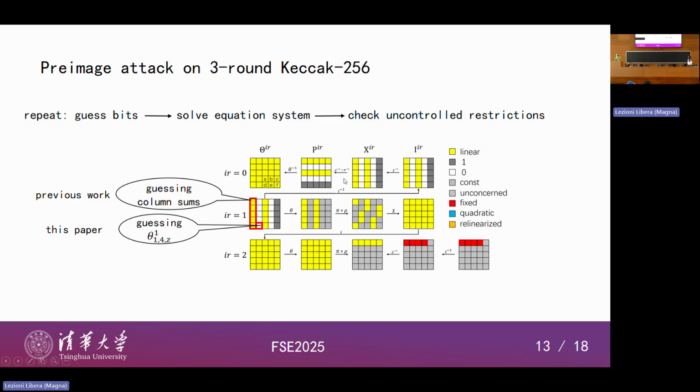But if we regard the column sum as a variable instead of a constant, with very fast diffusion, the equation system will be very complex. But if we only let this bit be a variable, the equation is still not complex, so we can partly save it.